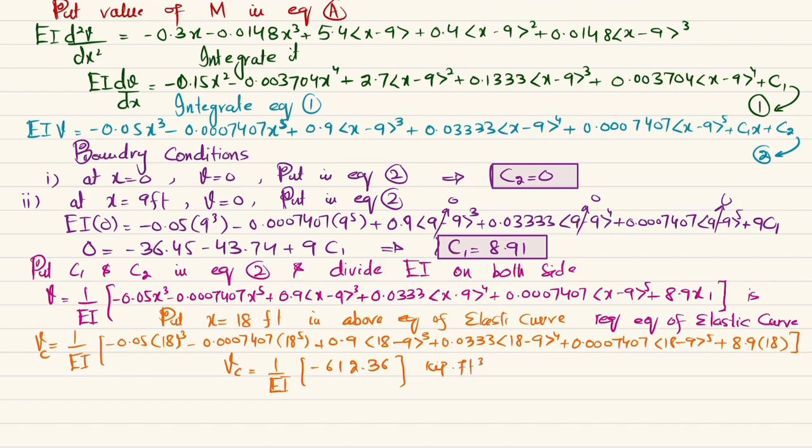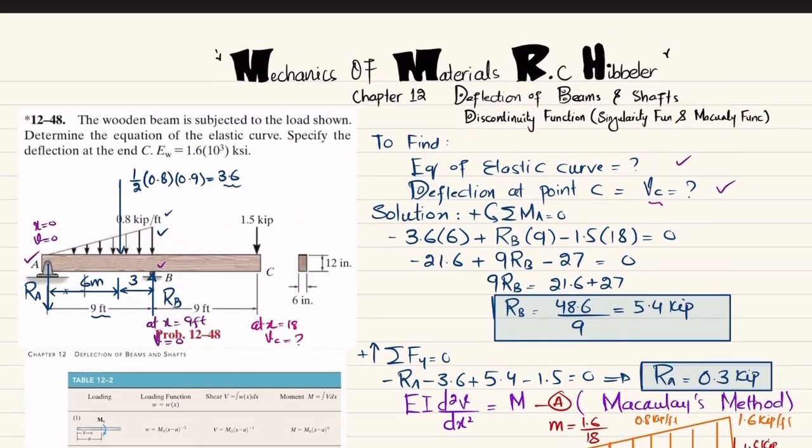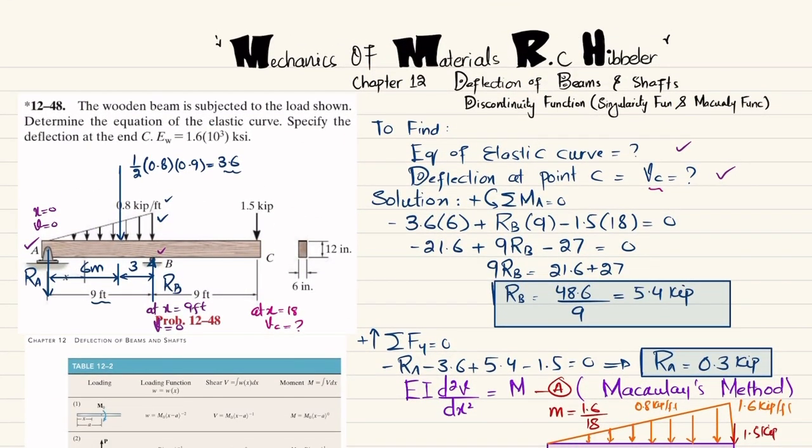Now we have been given that E of wood is 1.6 into 10 raised to power 3 ksi, and the cross section of this beam is given, so we will find I. I is equal to 1 over 12 bh cube, so 1 over 12 into b is 6 inch and height is 12 inch cube.